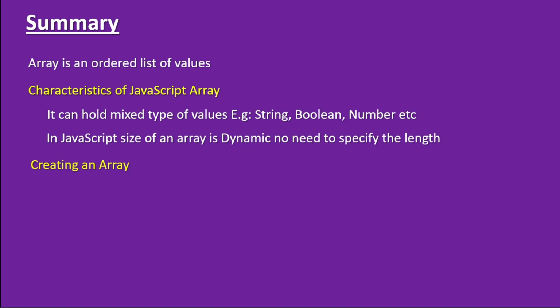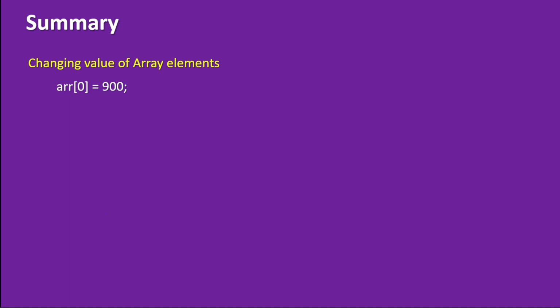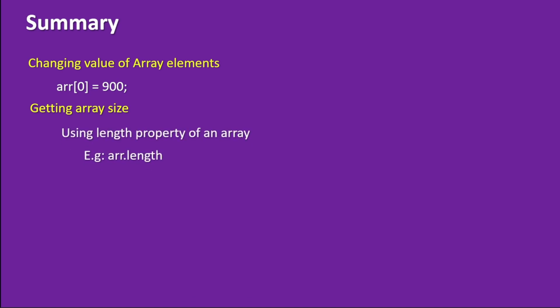Also, we saw how to create an array, by using the array constructor and also by using the square bracket notation. And we saw how to access our array elements by using index notation. We have to specify an index inside the square brackets. We discussed how to change our array elements by using square bracket notation and index equal to the value which we want to update. Also, we discussed how to access our array size by using the length property of an array.